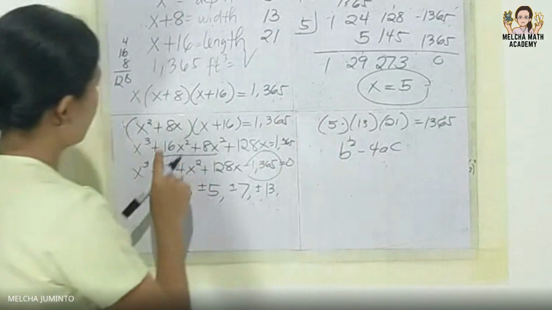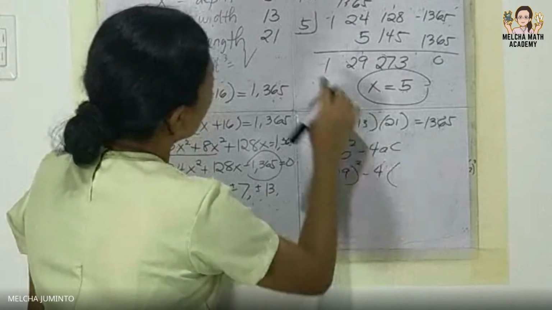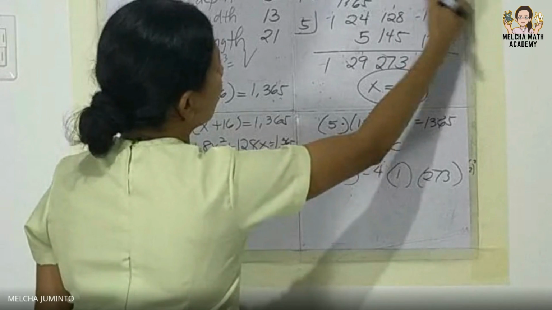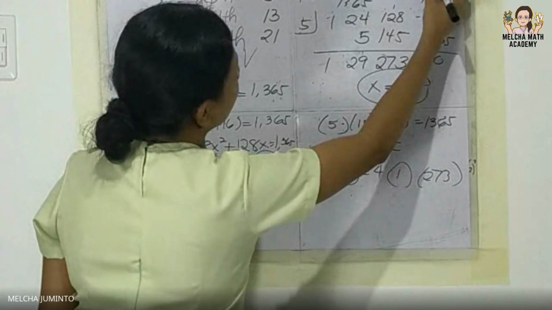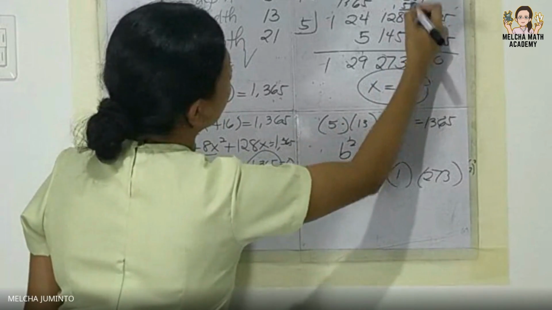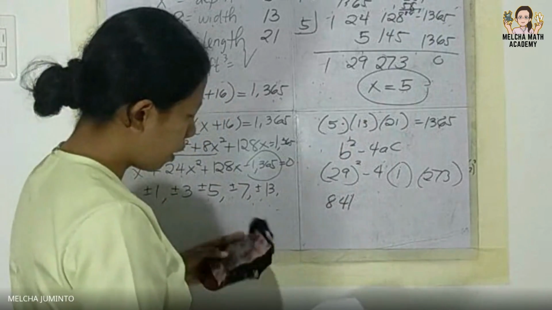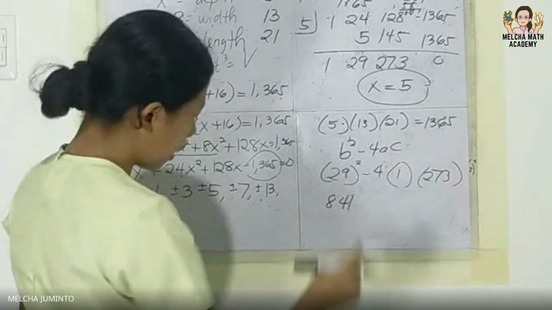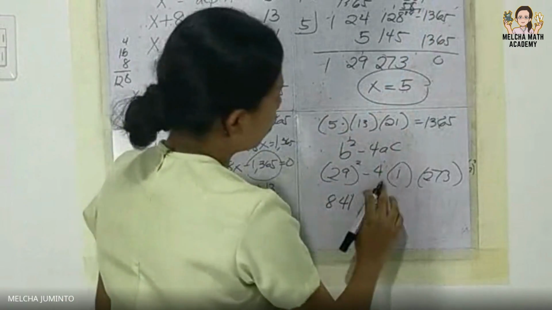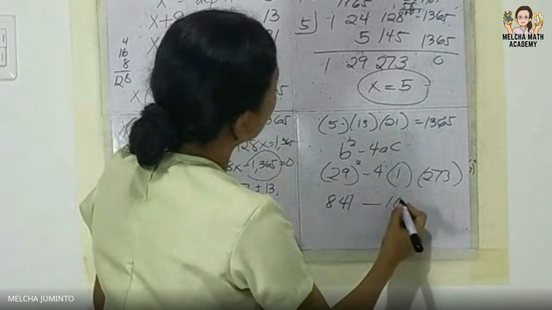B squared is, b is 29, minus 4, a is 1, c is 273. 29 squared is 29 times 29. 841. 841 is the value of 29 times 29, and then minus 273 times 4, 1092.